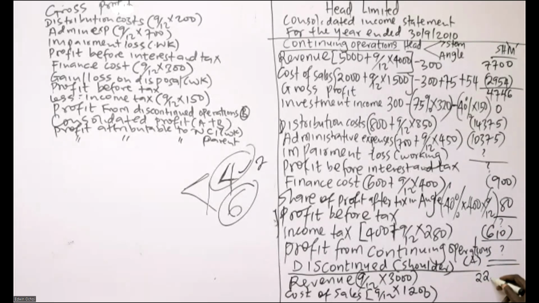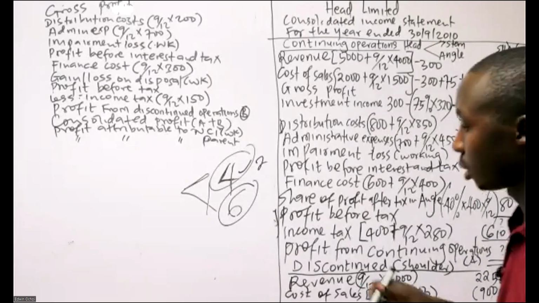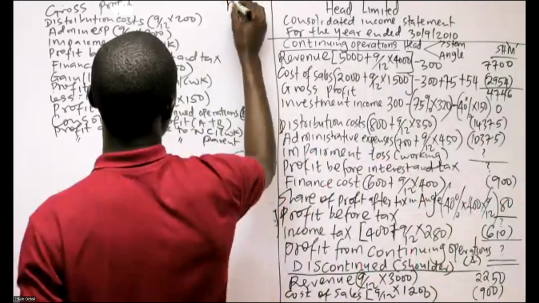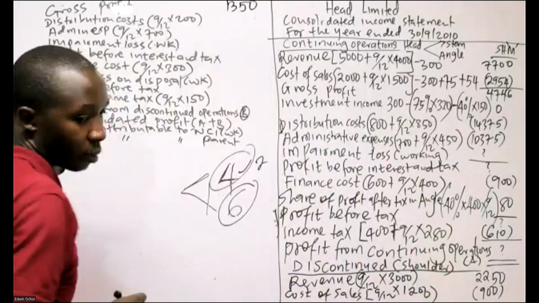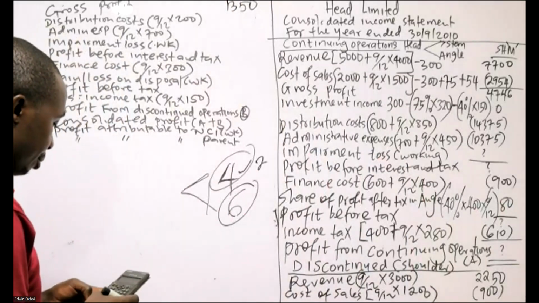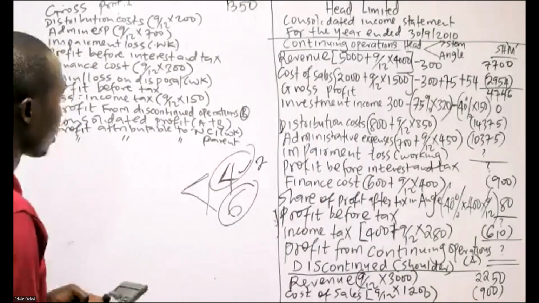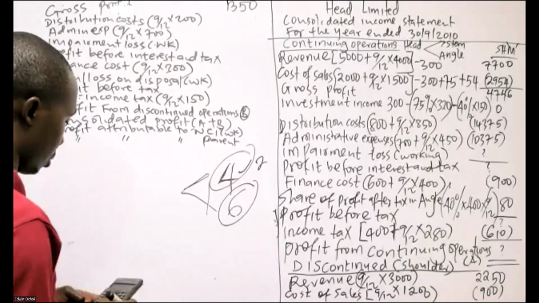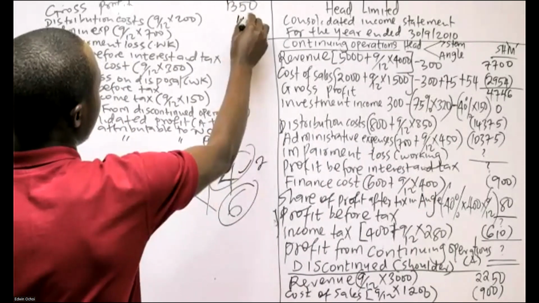So this is 2250. This is 900. So if you take 2250 minus 900, you get 1350. This is 150.